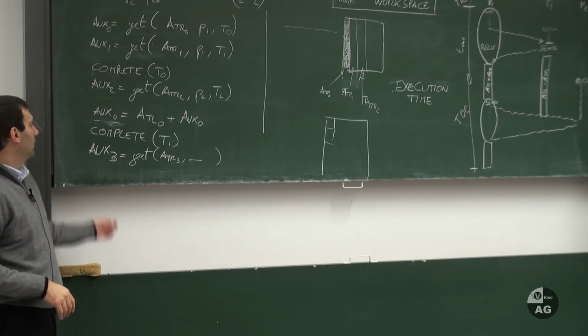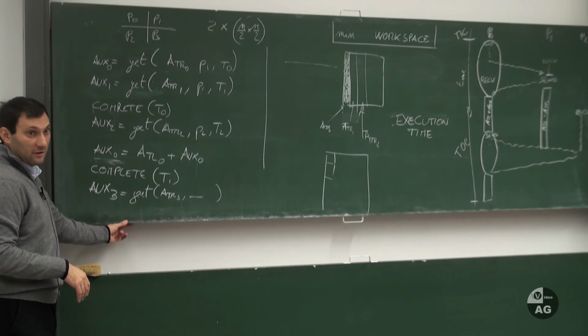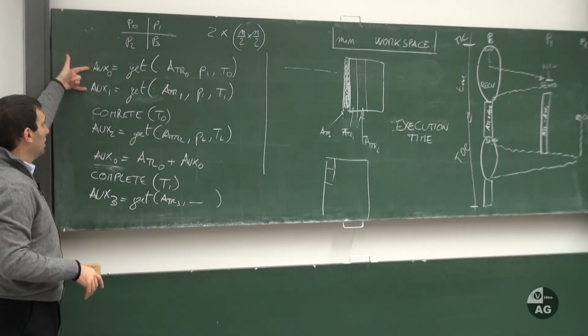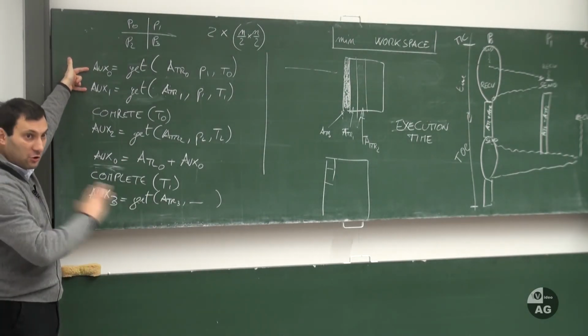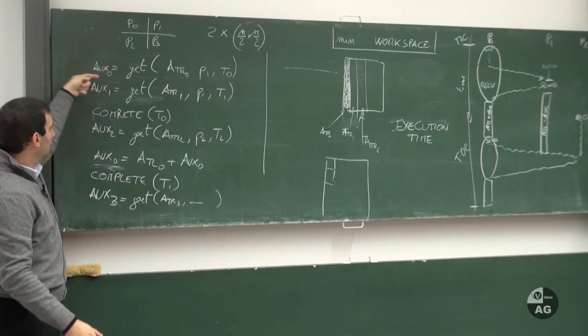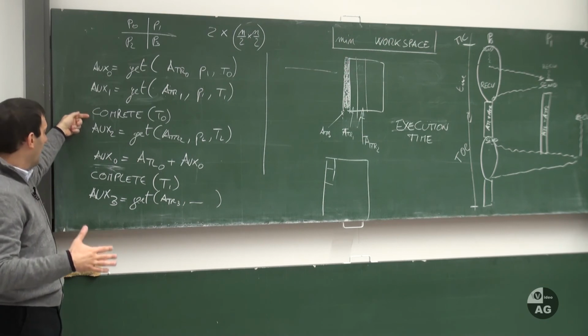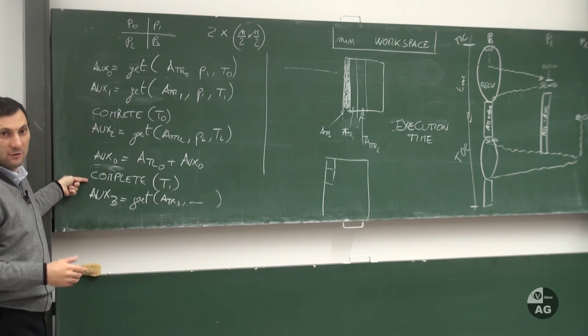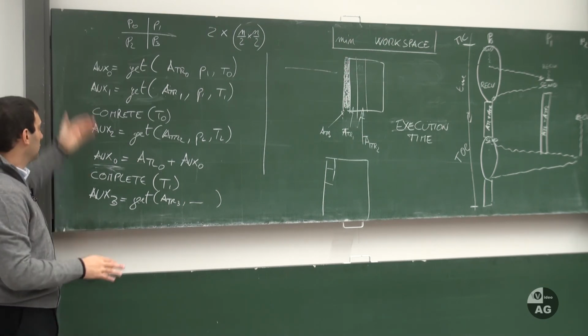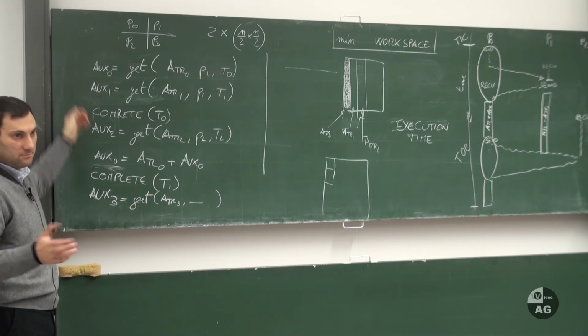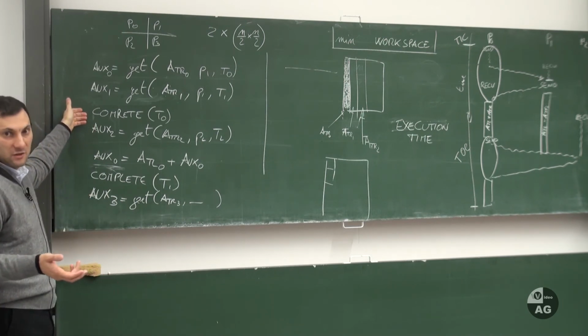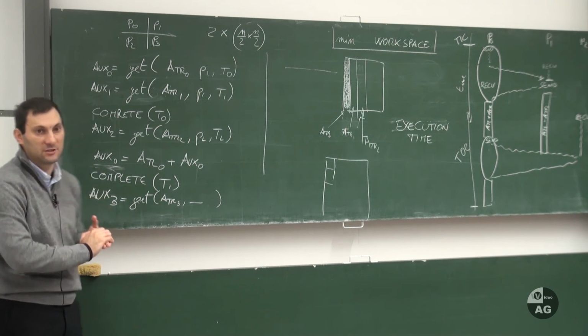The complaint is absolutely fair. We issued these two gets for no reason; we cannot assume that complete of T0 will happen before complete of T1. So I'm just enforcing this order. Possibly I'm wasting time there, but that's okay. Such is life.